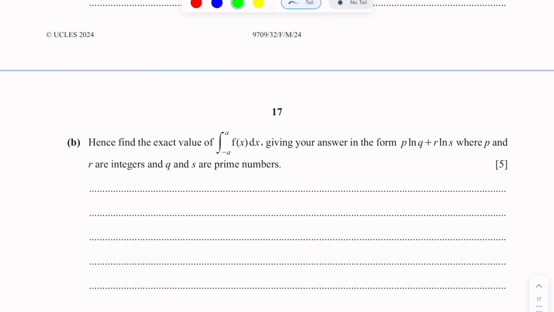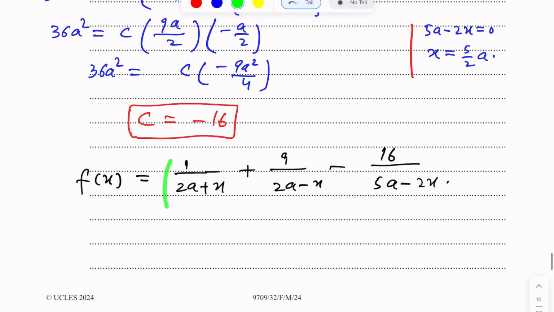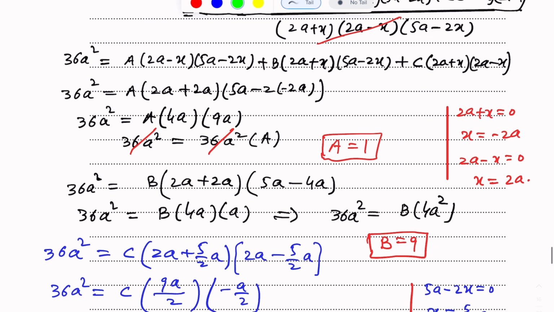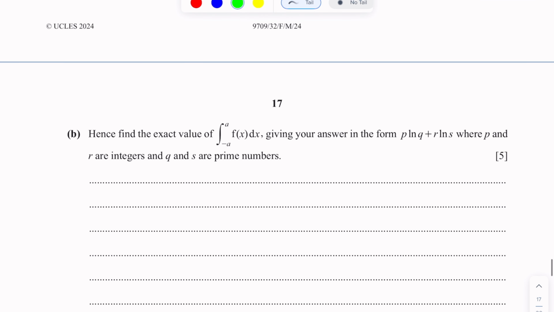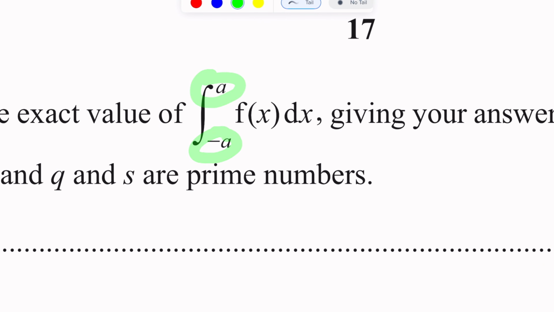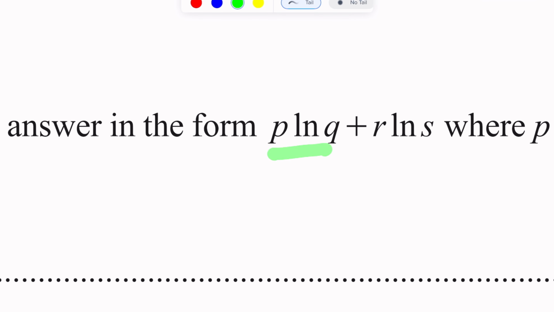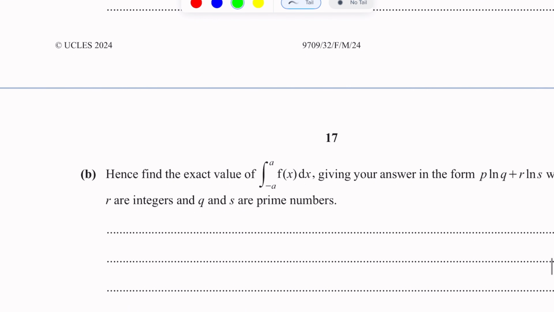Now move to the next part, B of this question. Hence find the exact value of the integral of f(x) with limits from -a to a. Now f(x) is this partial fraction form of the function. Now we will integrate it with lower limit -a and upper limit a, giving your answer in the form p log q + r log s, where p and r are integers and q and s are prime numbers.